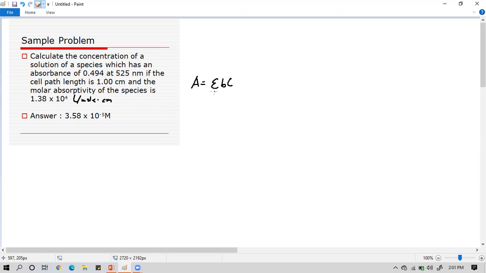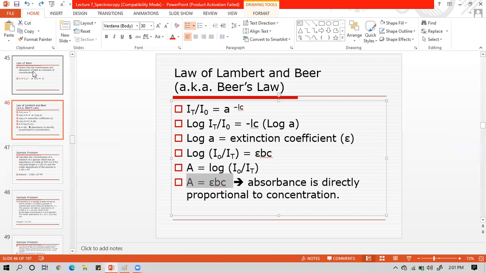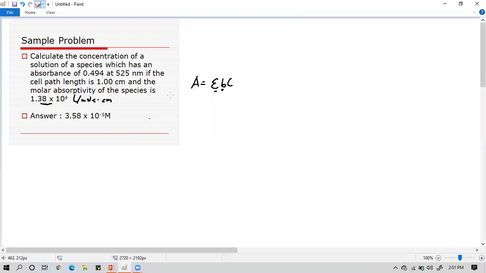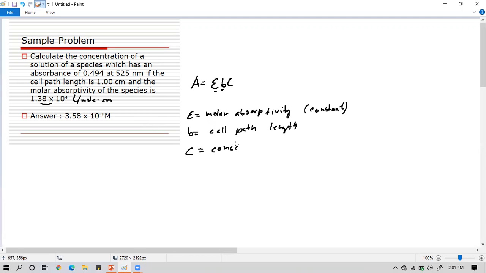What is the value of epsilon? It is the molar absorptivity, and it is always constant. And then b is the cell path length in centimeters. And then c, guys, is the concentration of the species here.